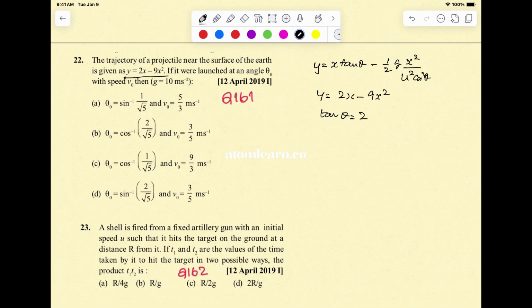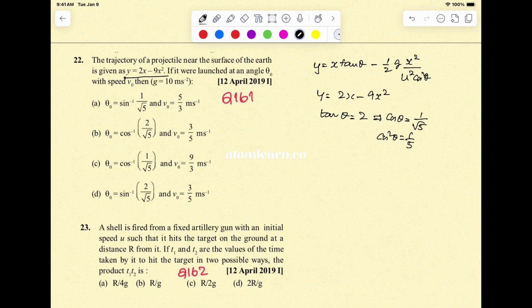That means cos theta is 1 by root 5. Therefore, cos squared theta is 1 by 5. Right? Now take g equal to 10. Therefore, half g is 5. The 5 gets cancelled.